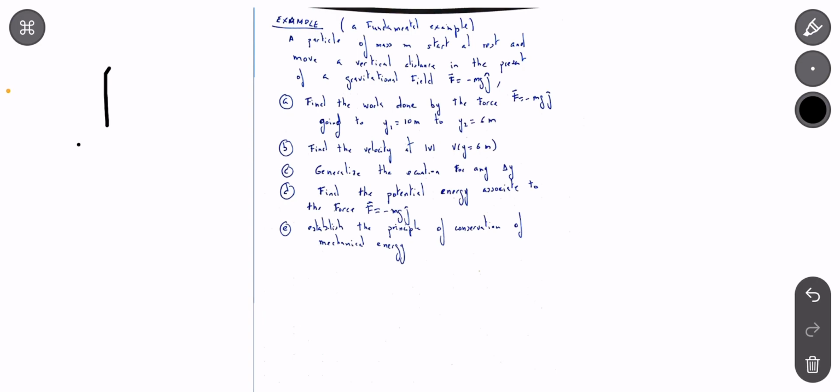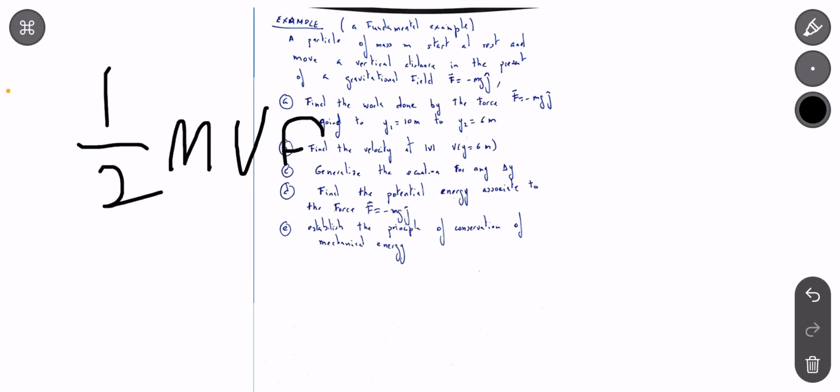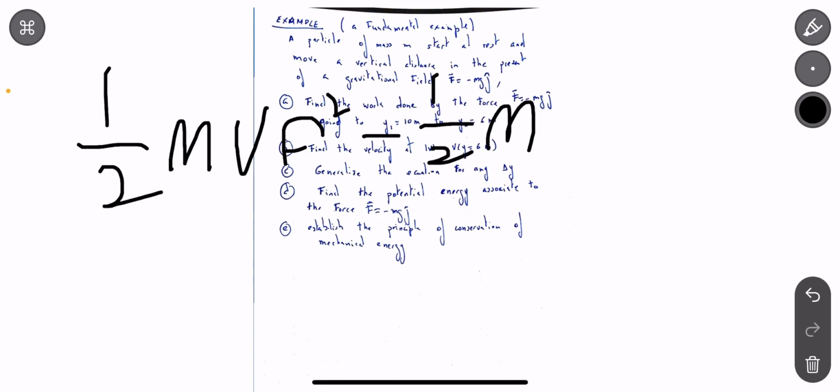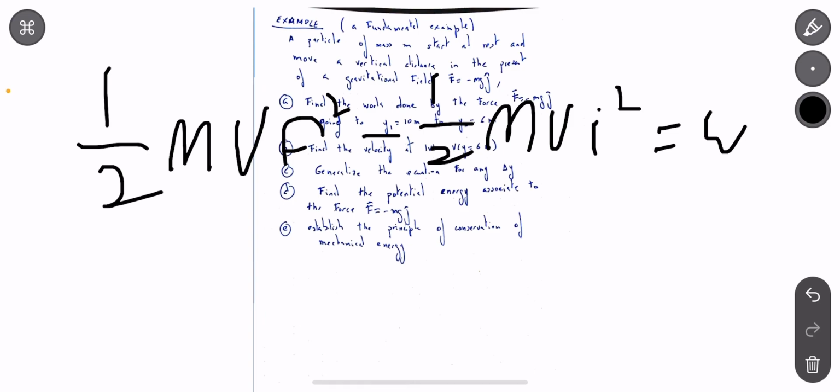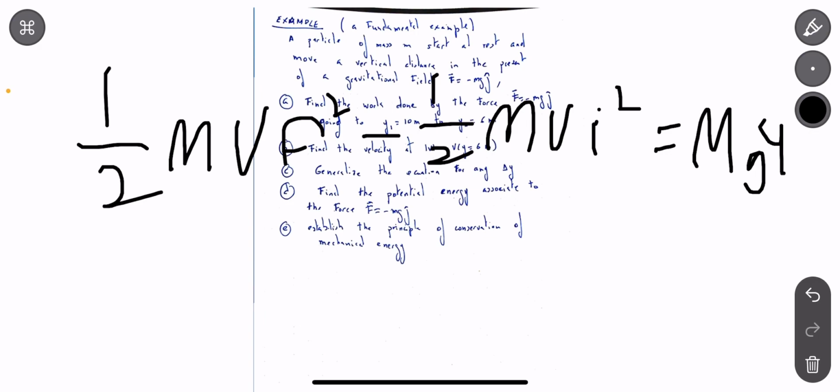So we go 1/2 v_f squared minus 1/2 v_i squared equals W, or in this case kinetic energy, work. But then we can cancel some things out, because what we're really looking for is mg times 4.